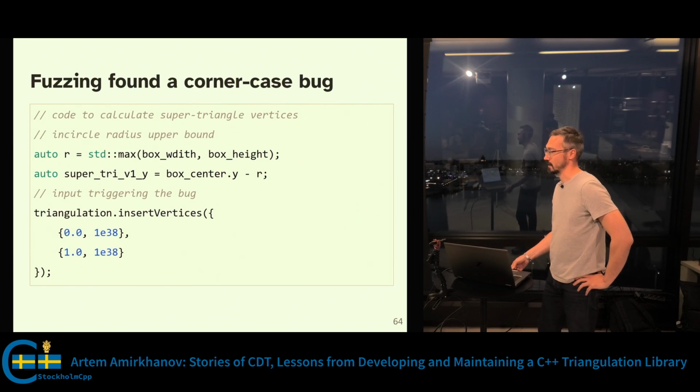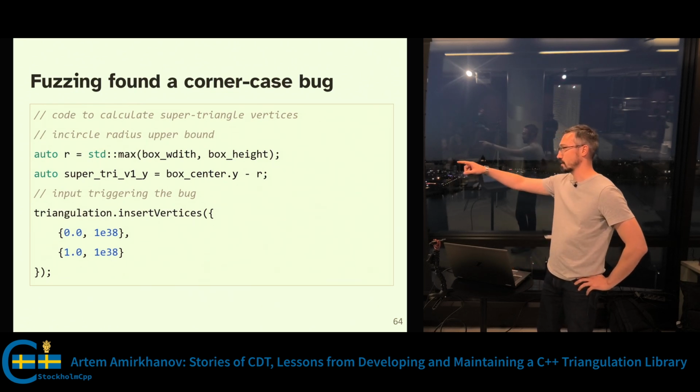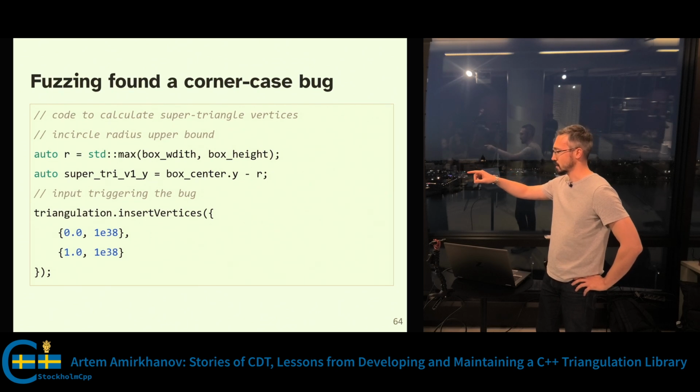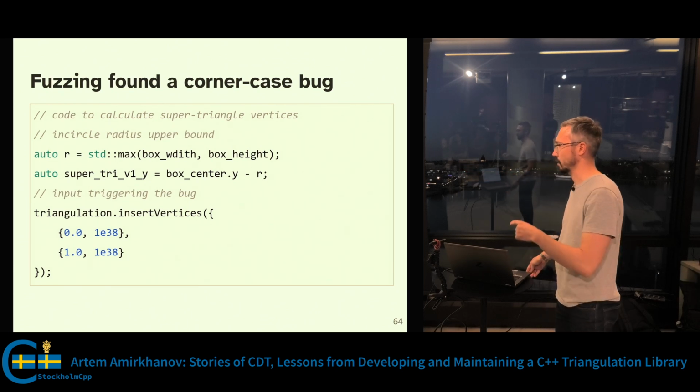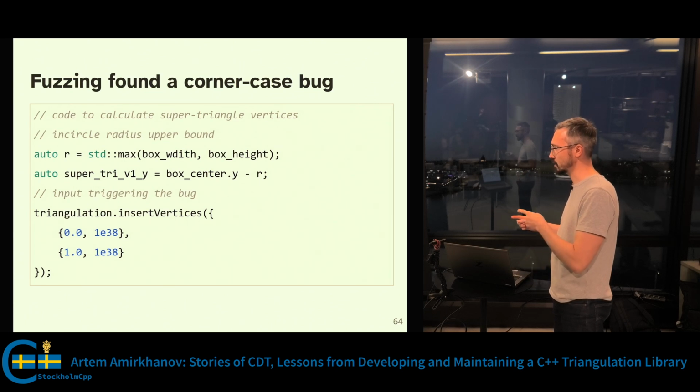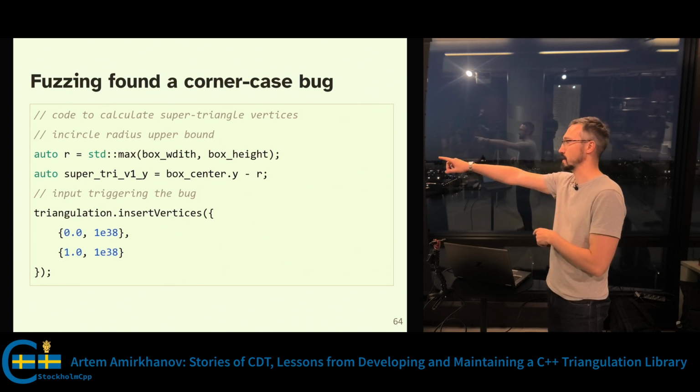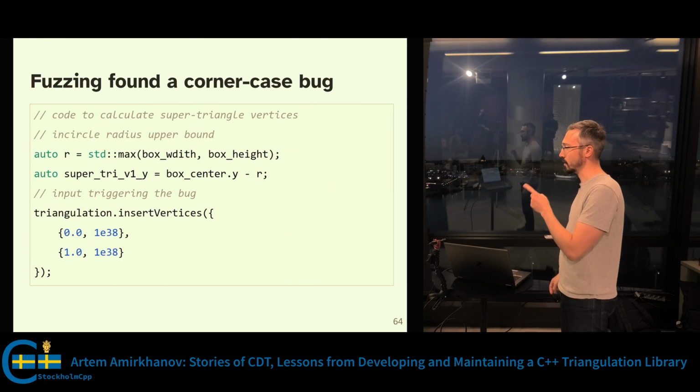It's a rounding error. So you choose the bounding box width would be 1. Bounding box height would be 0, because it's exactly the same huge number. So R is 1.